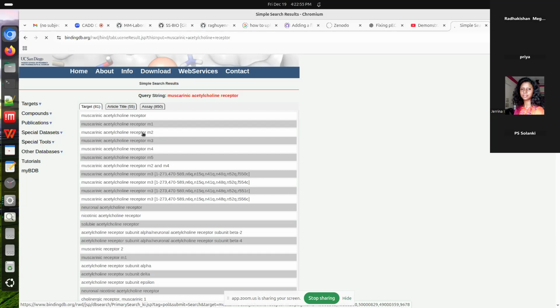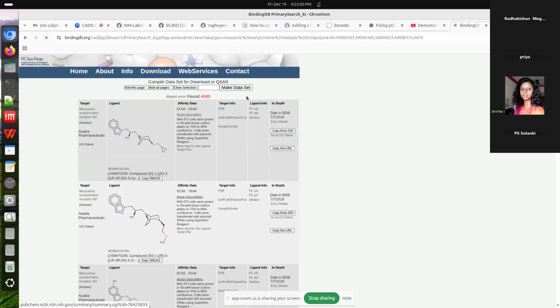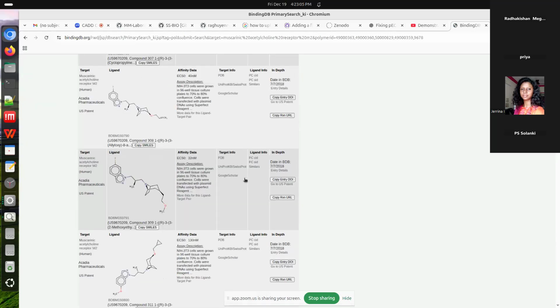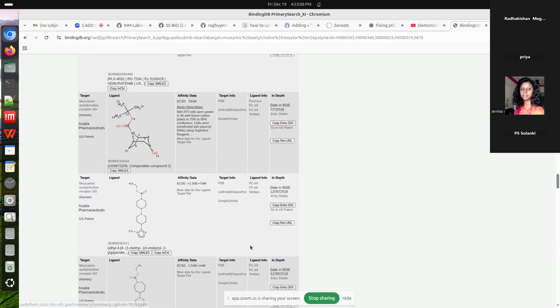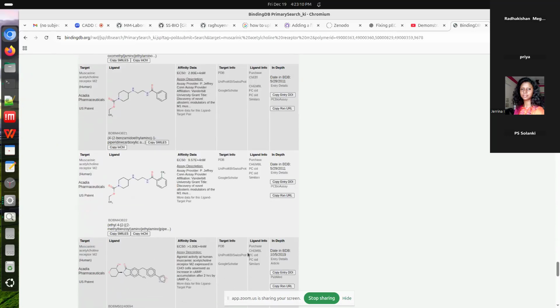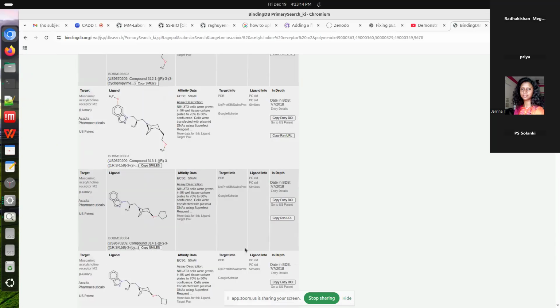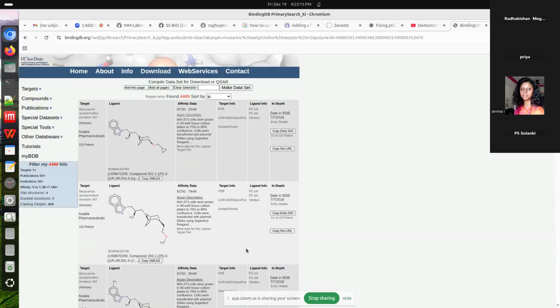If I click on that particular target name, you can get this page. You can see there are so many ligands, so you can just make a data set out of that.